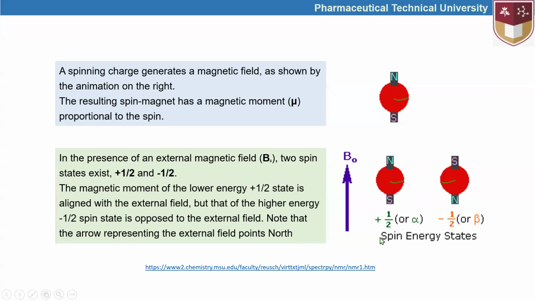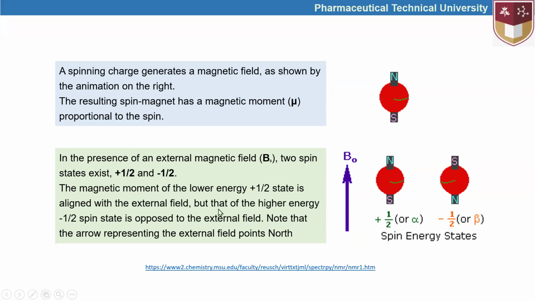Plus 1/2 or alpha spin is the spin that has low energy, and minus 1/2 or beta spin is the spin that has higher energy. This is the point. The magnetic moment of the lower energy plus 1/2 state is aligned with the external field as indicated here.